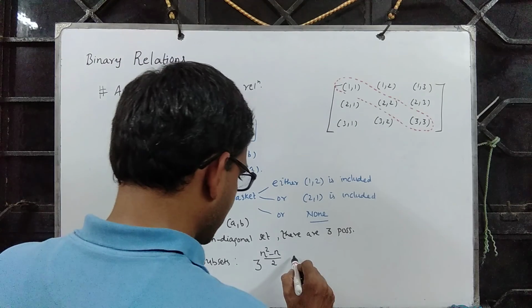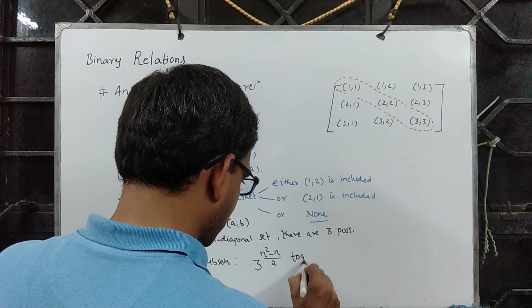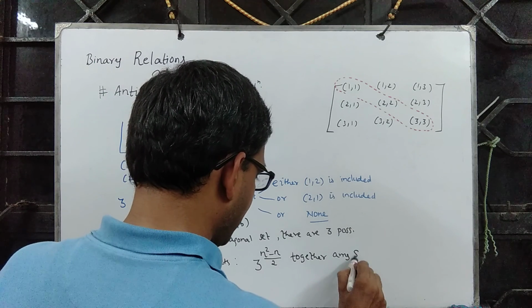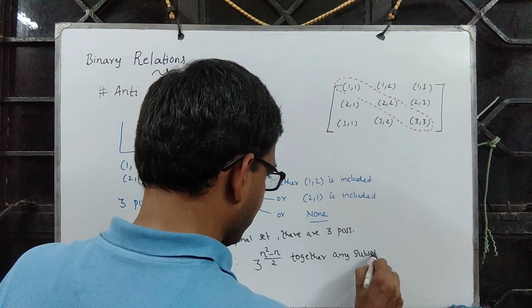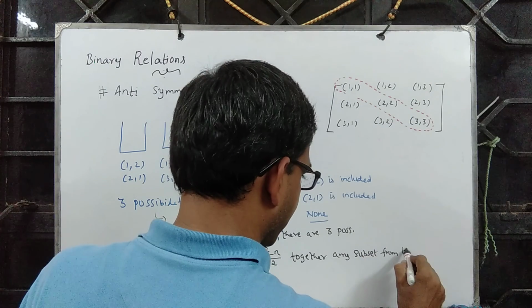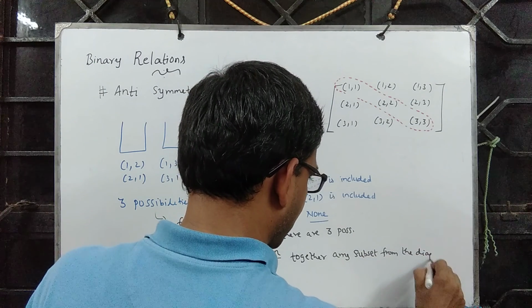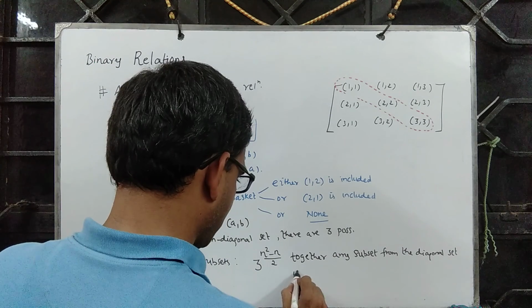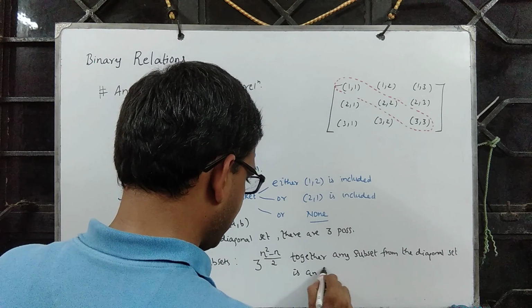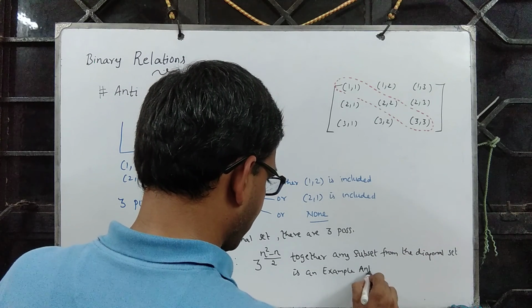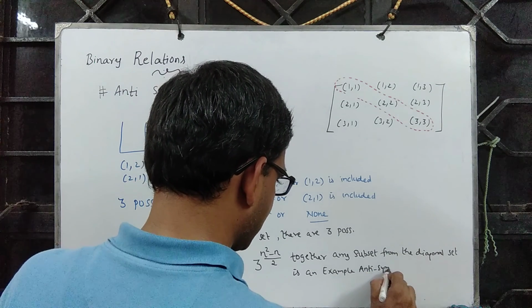Now along with this, together, any subset from the diagonal set is an example antisymmetric relation.